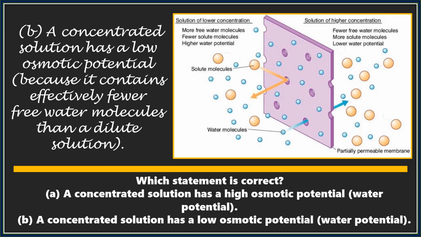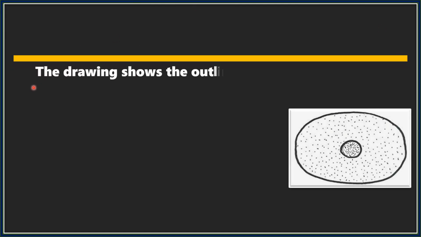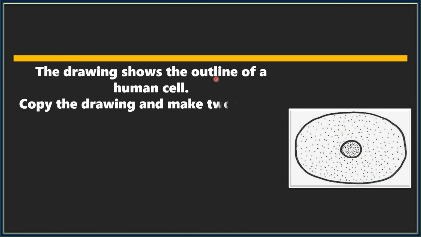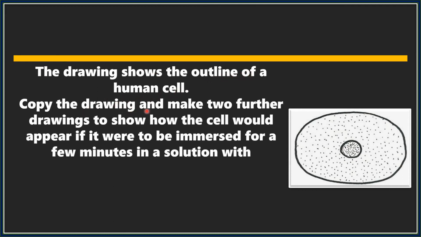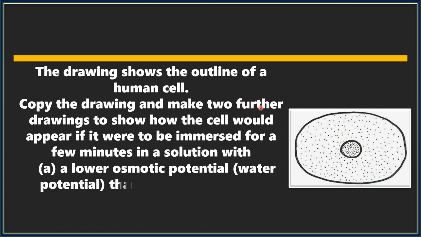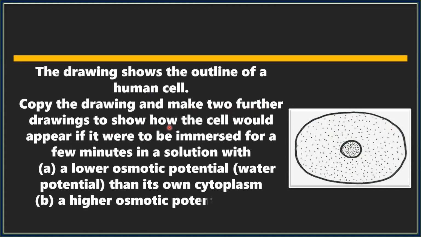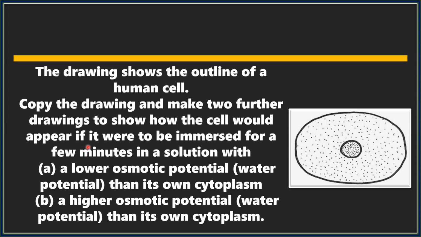The drawing shows the outline of a human cell. Copy the drawing and make 2 further drawings to show how the cell would appear if it were to be immersed for a few minutes in a solution with a lower osmotic potential, that is lower water potential, than its own cytoplasm.